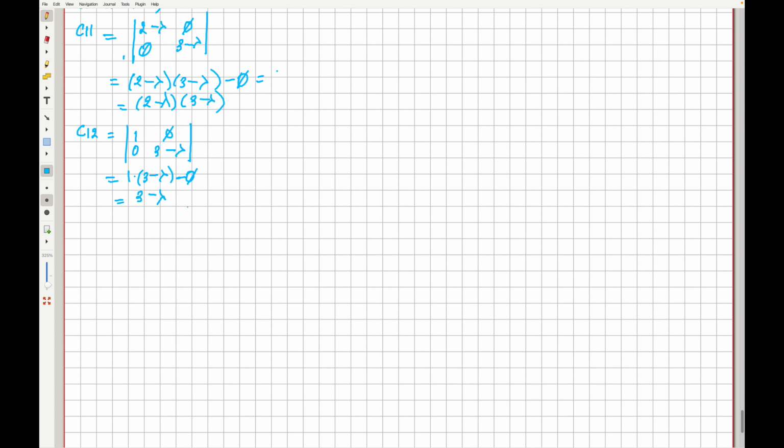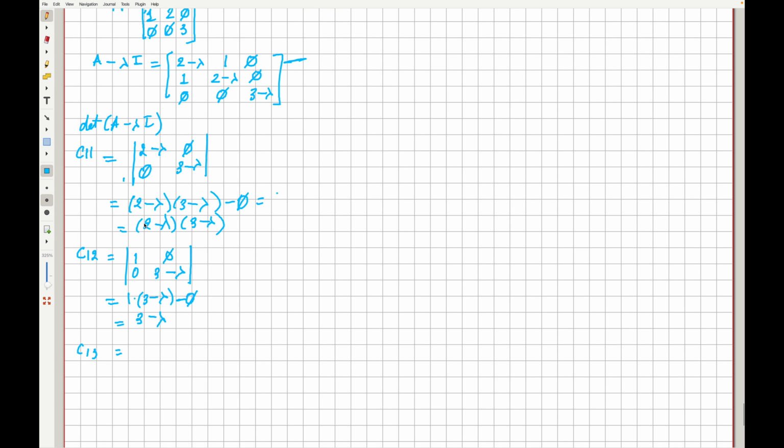And the third term is C13, and that's going to be equal to 1, 2 minus lambda and 0 0. So here we get 1 times 0 minus 2 minus lambda times 0. So this essentially is just 0. Now we can sum these three.